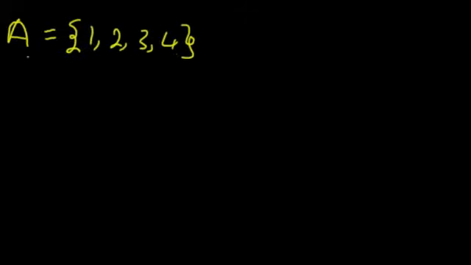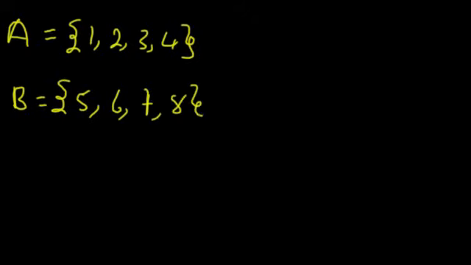Let's say set A includes elements 1, 2, 3, 4, and set B includes elements 5, 6, 7, 8. Now, are these two sets disjoint or joint?